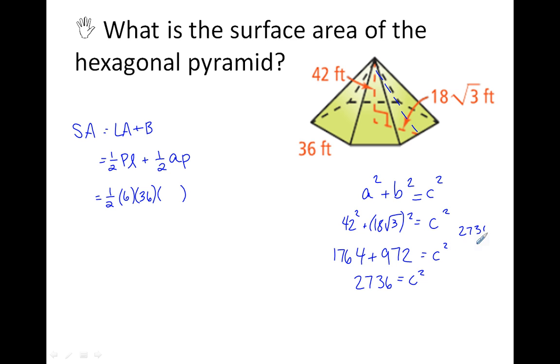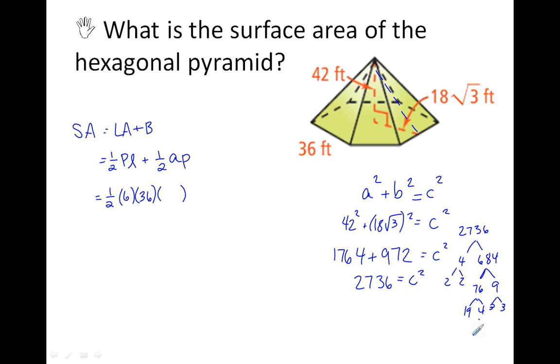So 2,736. 4 goes into it 684 times. 4 is 2 times 2. 684, 9 goes into that. It goes into it 76 times. 9, of course, is 3 times 3. Okay. 76, I know at least 2 is going to go into it. I check, I find that actually 4 goes into it.